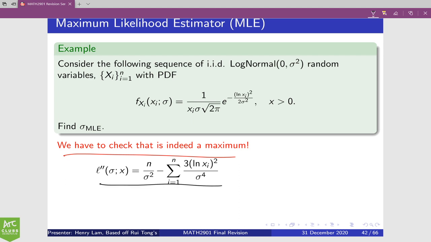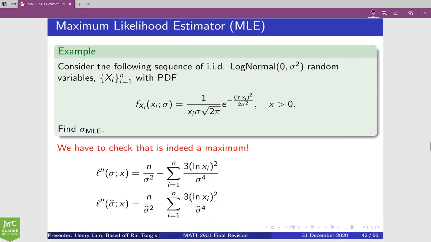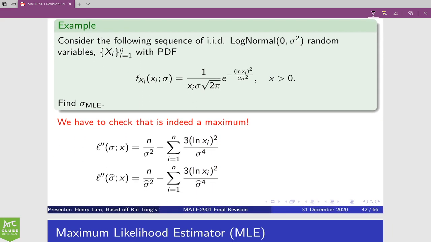Now, in this case, it's not very obvious that this is negative for every sigma, because it depends on the given x's. So you're going to have to sub in the value that we found before, so put sigma hat in. Since we're only interested in the sign, I'm going to factorize out anything that's positive within both fractions.